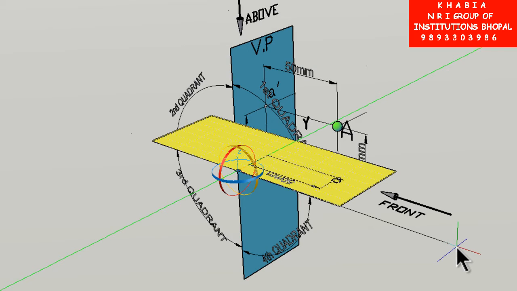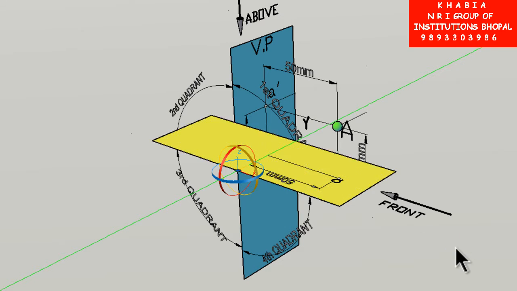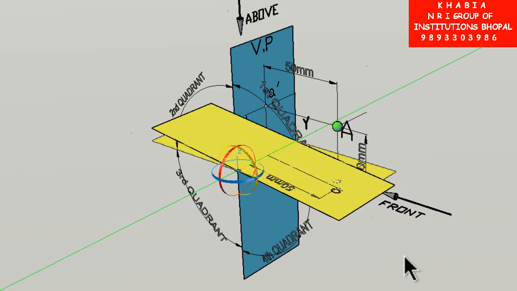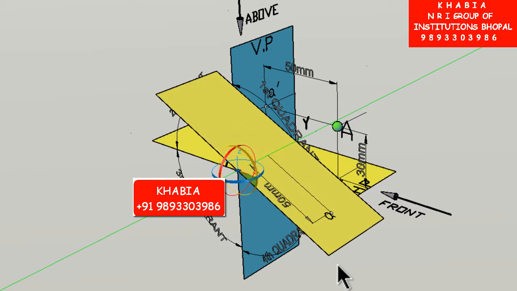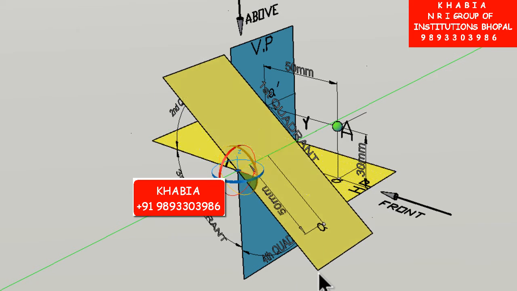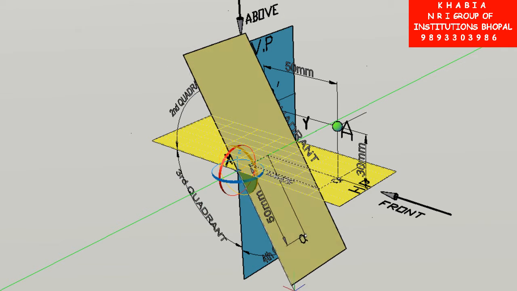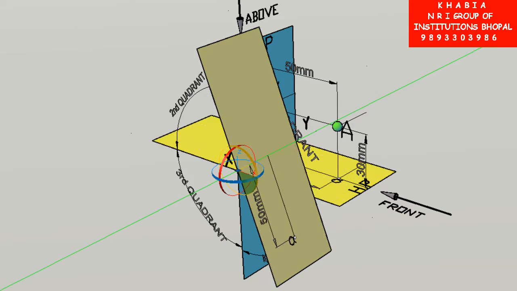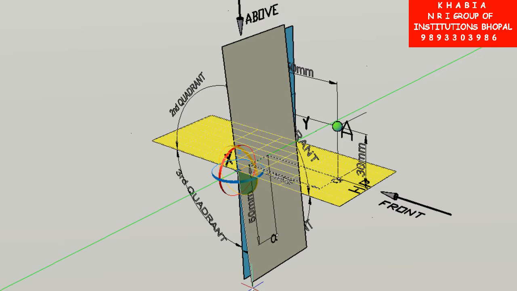Let me now open the quadrant before you so that the concept of opening the quadrant becomes very clear in your brain. To open the quadrant, we keep VP fixed and revolve HP by 90 degree so that portion of HP in front of VP comes below the reference line and portion of HP behind VP goes above the reference line.